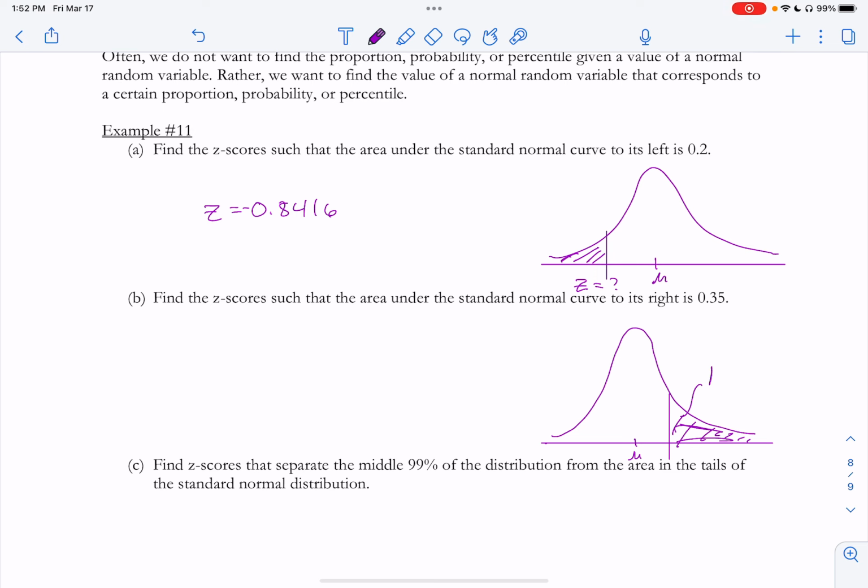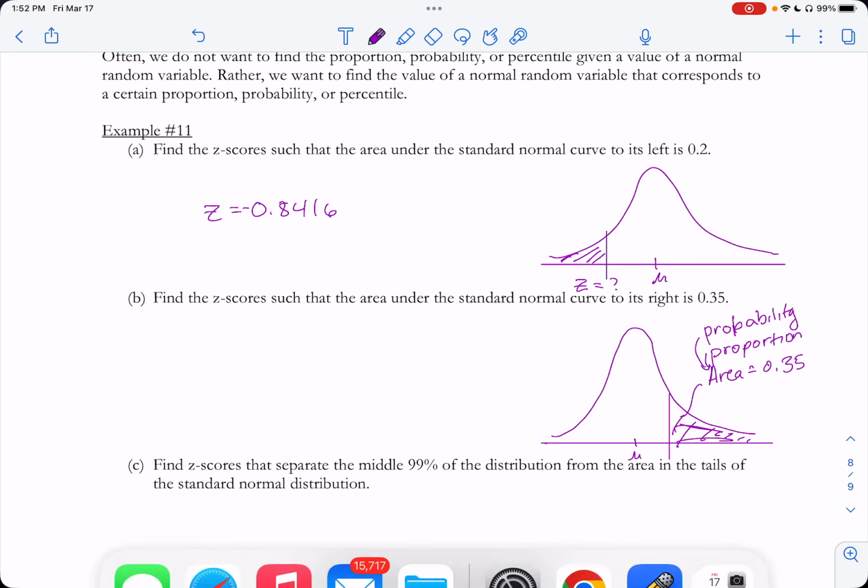So that's my probability or my proportion. Remember, those are all the same. They are all equal to the area.